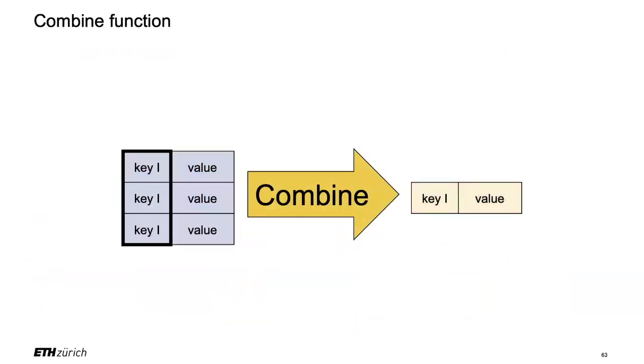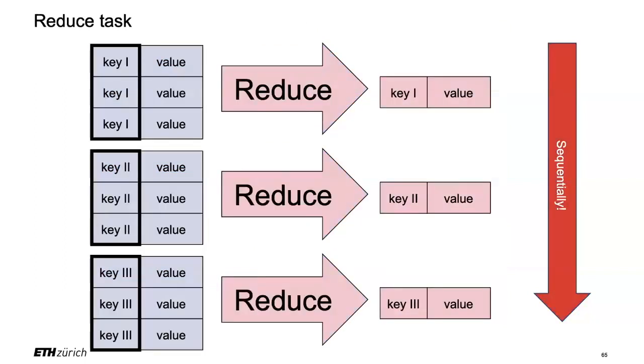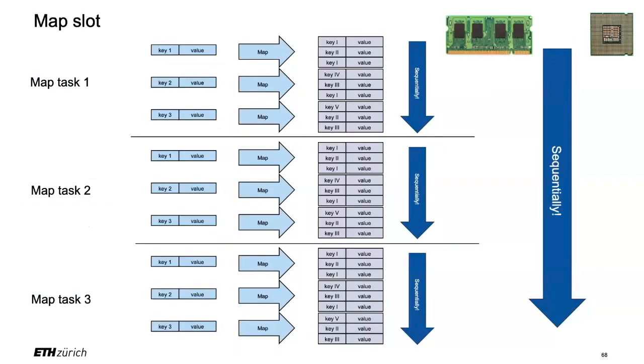So the functions are mathematical. This is just our Java function, a Python function, right? Then the task is a sequential and repeated function call of map or reduce. The combine is special. Then a slot repeatedly and sequentially processes tasks. And as soon as it's done, it just takes another task and takes another task. When there are no tasks left, then it's just waiting until everybody else is finished.